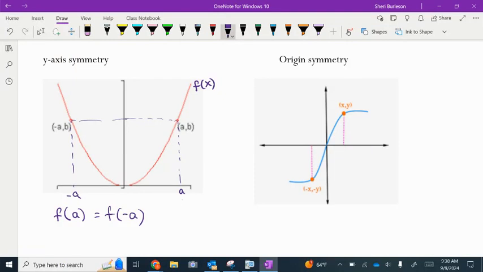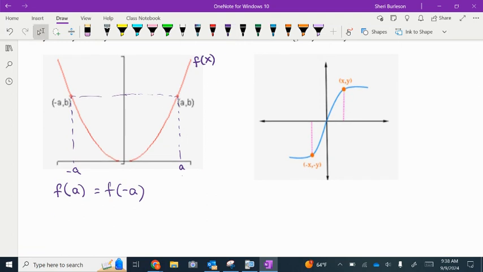Do you see that those are the same? The y values have to be the same, otherwise it wouldn't lay down on itself when I folded it over the y-axis. Okay? So, this is what is known as an even function.